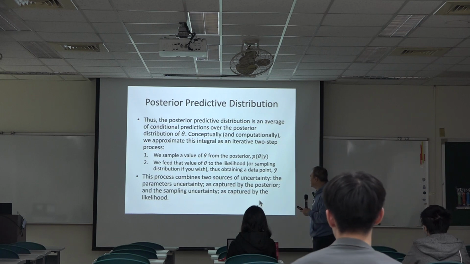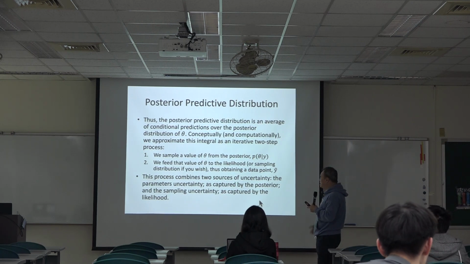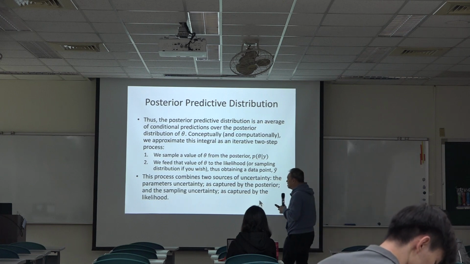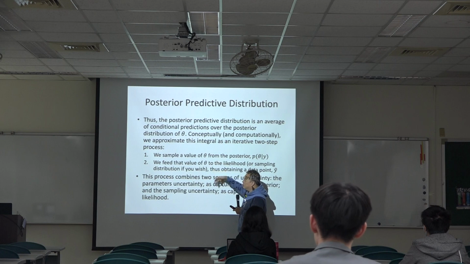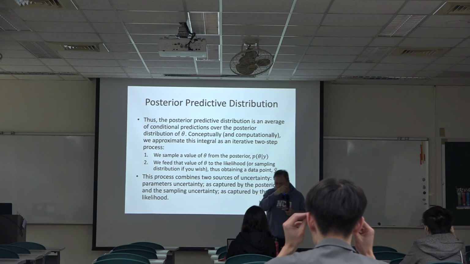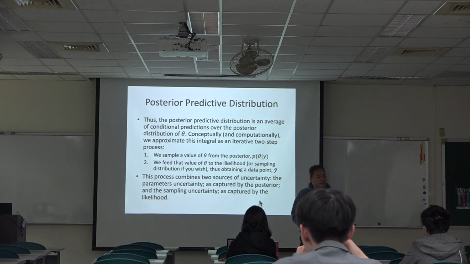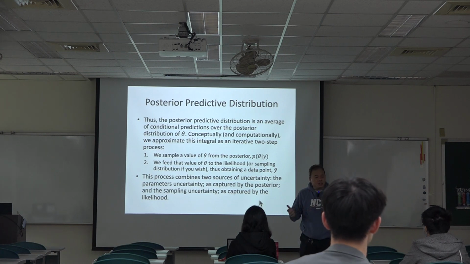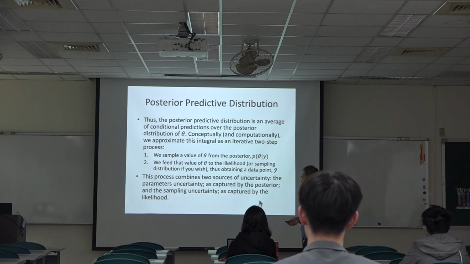You just sample from the sampling distribution, or likelihood, whatever you call it. We repeatedly do these two steps. Each iteration gives us a value of y hat. Those are the predictions this model gives us.